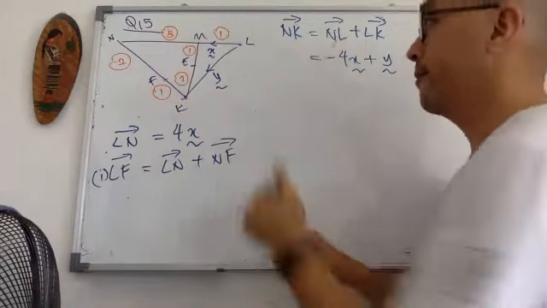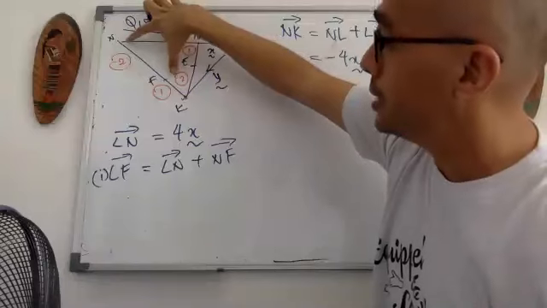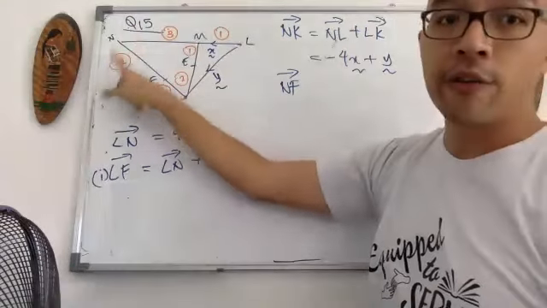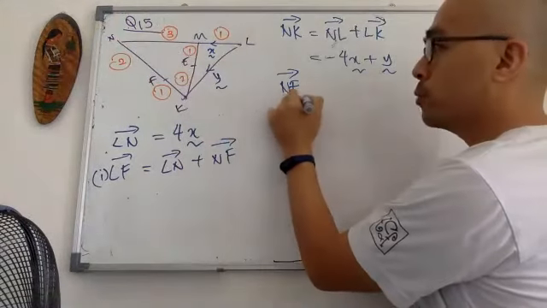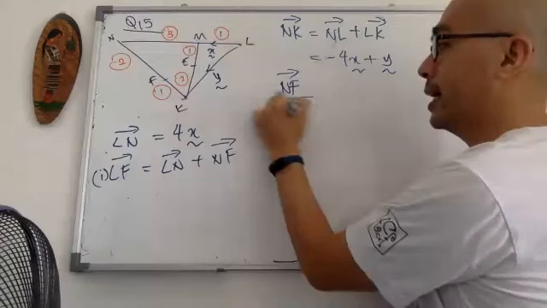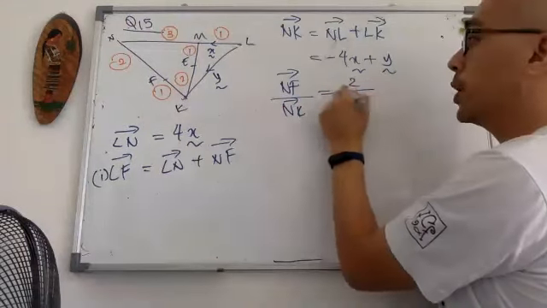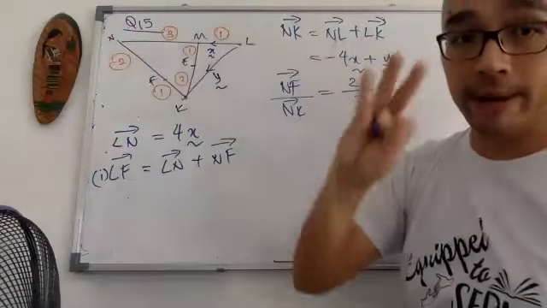So what about NF? NF is here. NF is 2 parts out of how many parts altogether? If you want to put it like this, NF over NK, and we already have NK, is 2 out of 3. NF is 2 parts, NK is 3 parts.